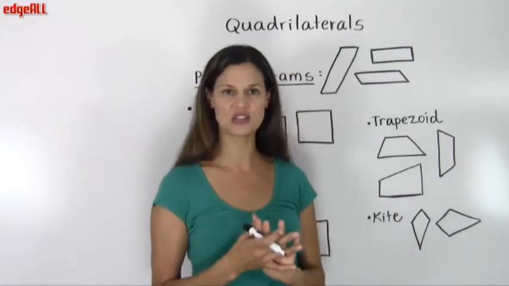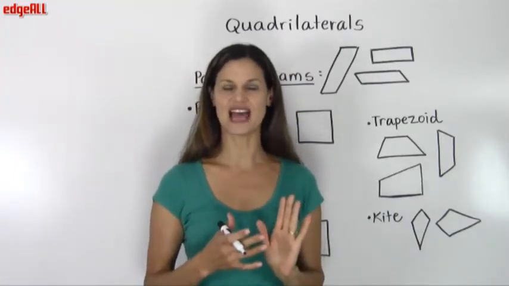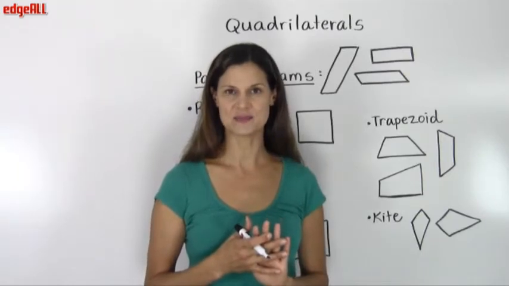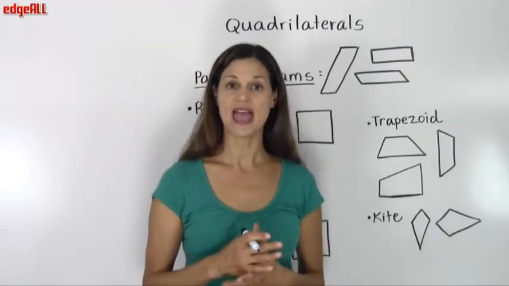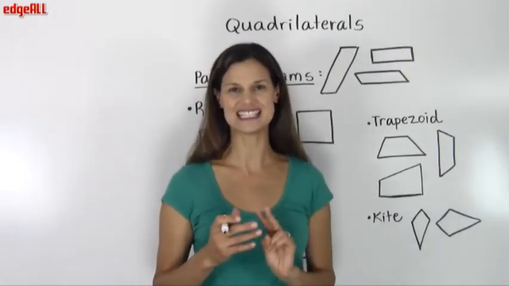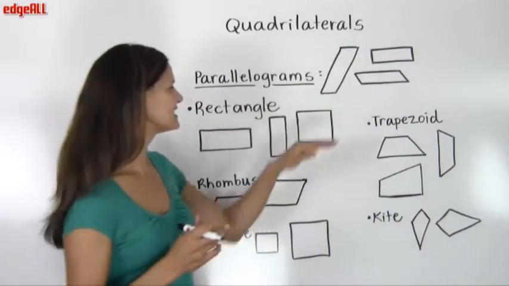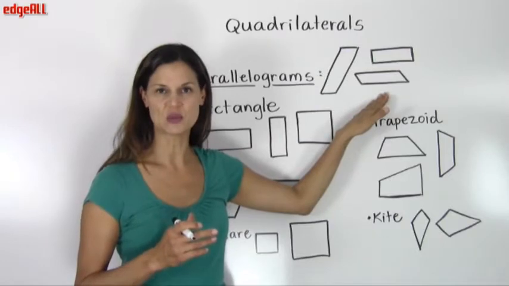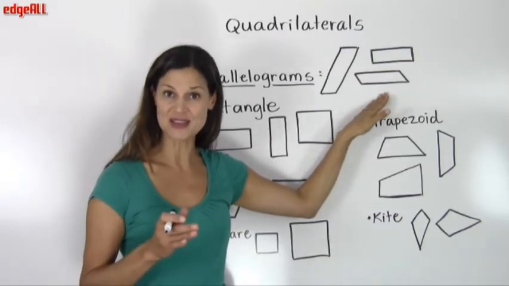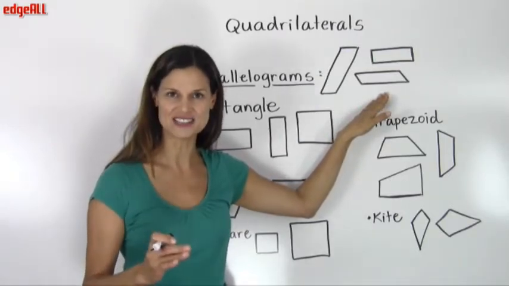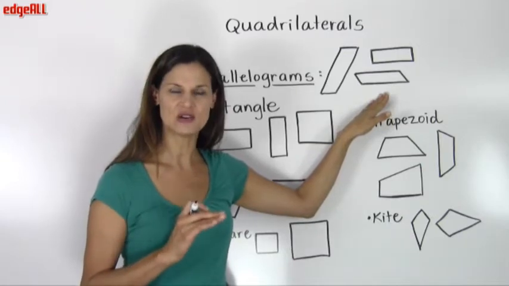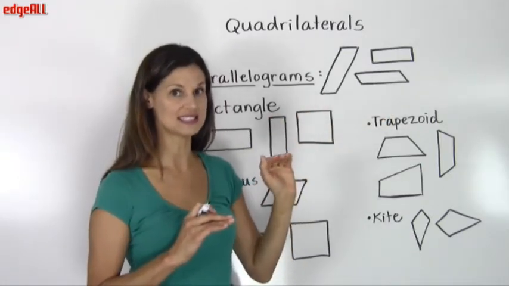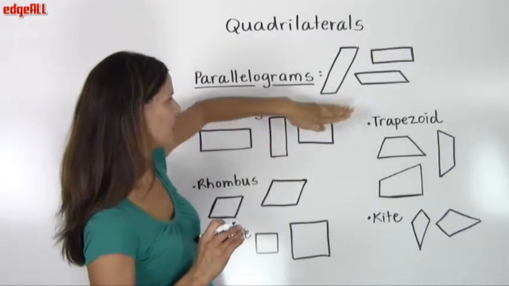The first 3 basic quadrilaterals that we're going to look at are parallelograms. A parallelogram has 2 sets of parallel sides. So here I've drawn 3 parallelograms, which are also quadrilaterals because they're 4-sided figures. And with a parallelogram, we have 2 sets of parallel sides, and they're opposite one another.